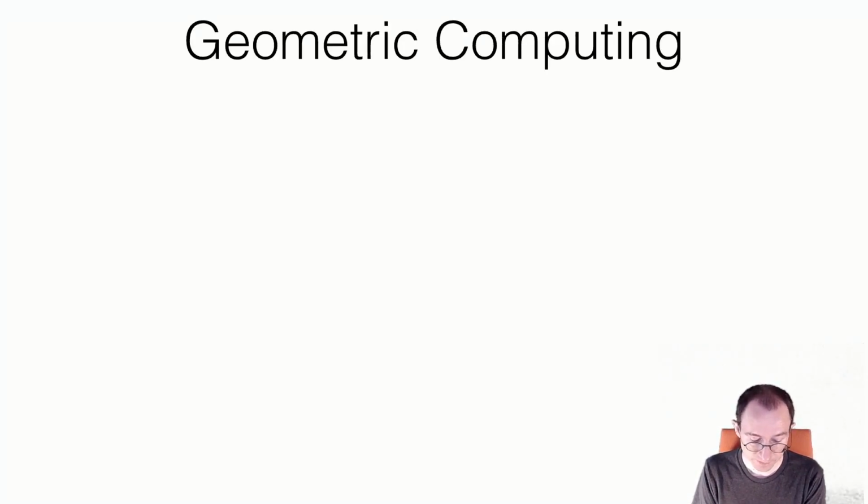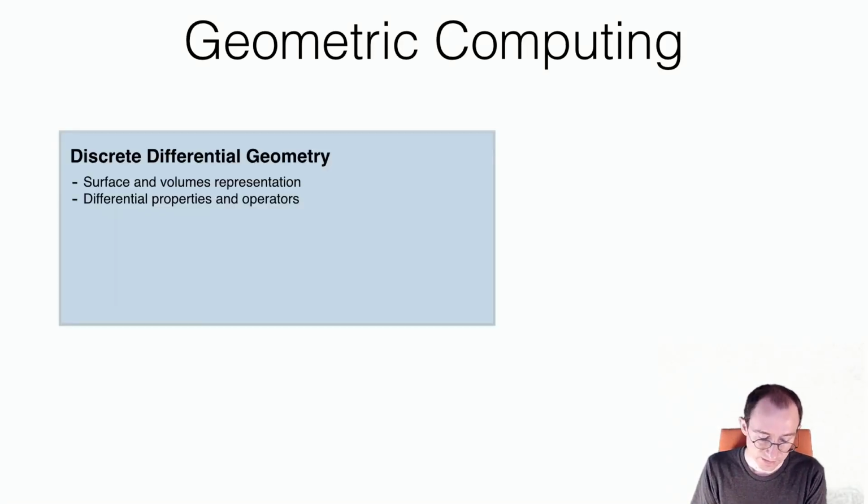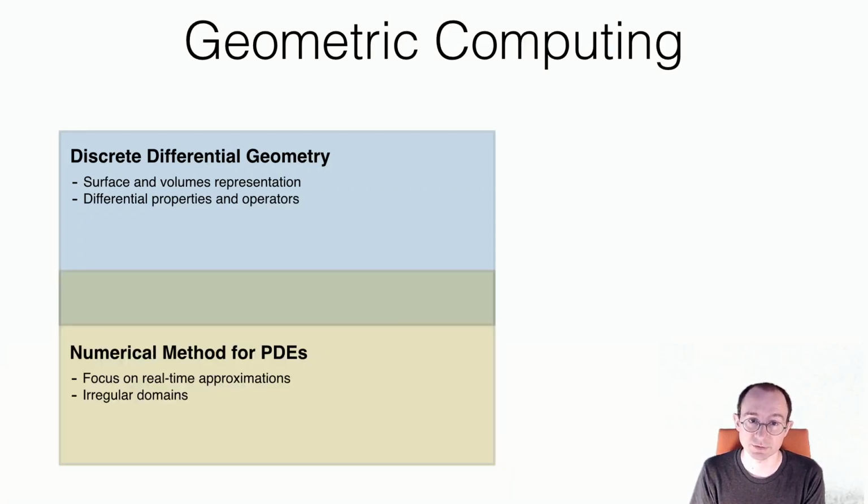Before we delve into the more practical part, I would like to say a few words about what geometric computing is. It's a discipline at the intersection between discrete differential geometry, which is used to describe and represent surfaces and volumes and properties and operators defined on them, and numerical methods for solving partial differential equations.